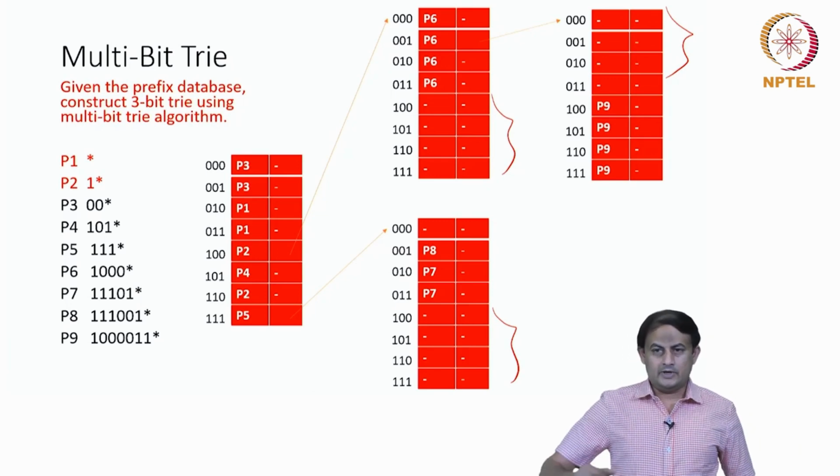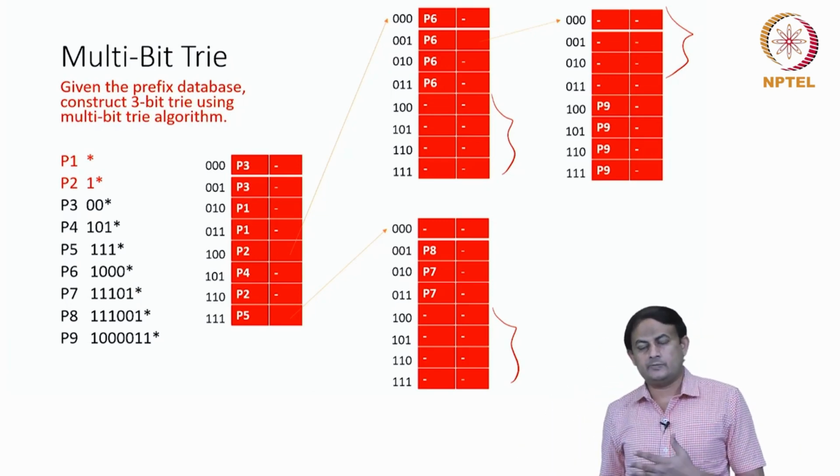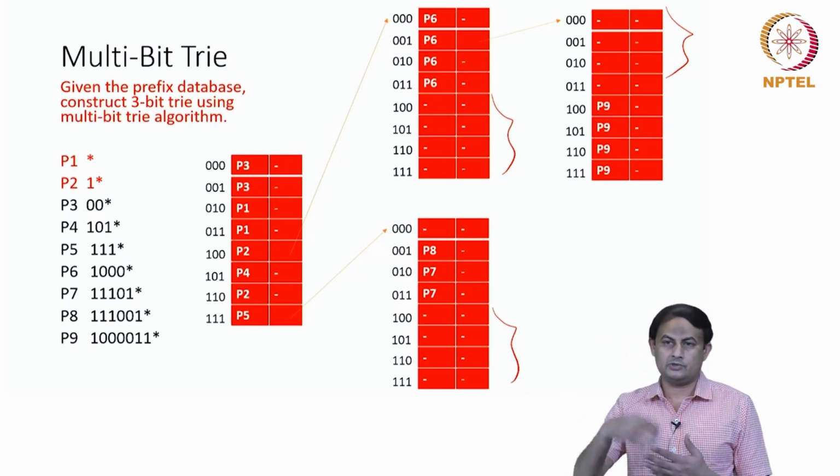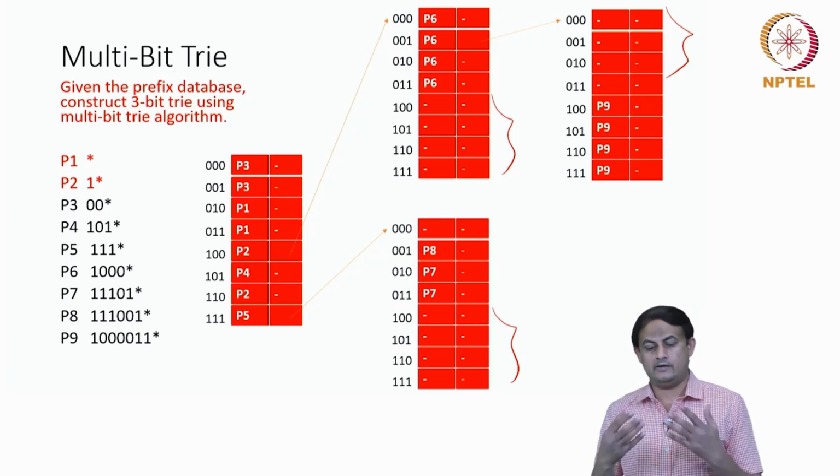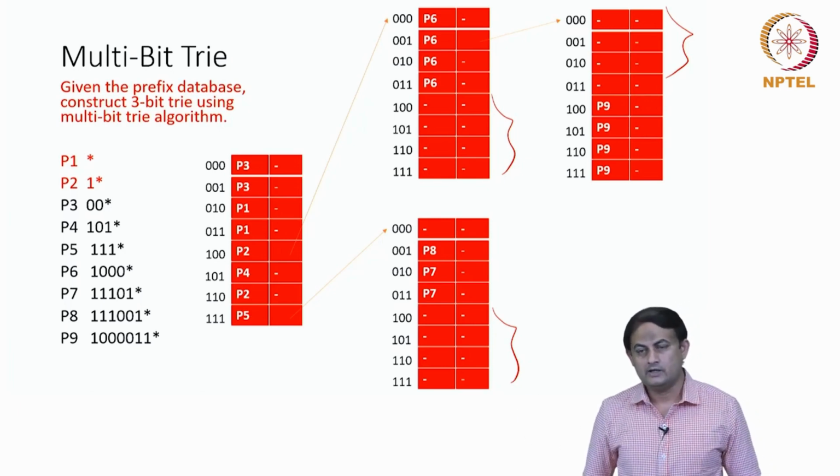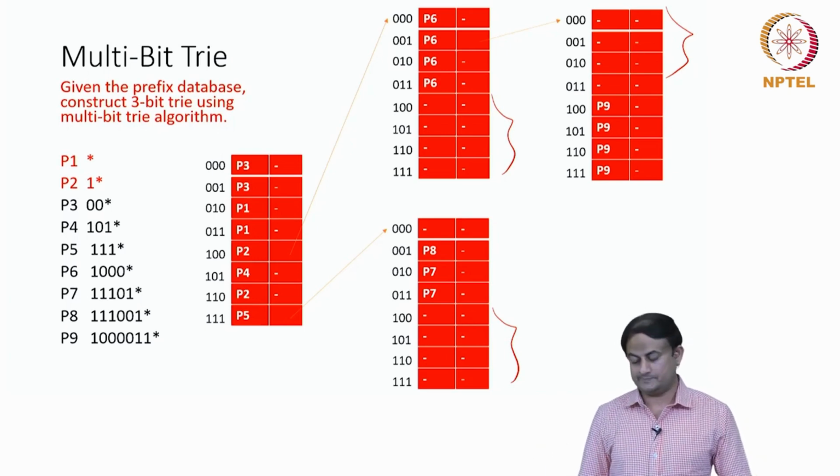By virtue of that, you end up wasting some of the space in the table. Every table has 2 to the power of k possibilities, although it might happen that only one entry is actually filled, and the remaining 2 to the power of k minus 1 entries will be left empty. So that will end up wasting the space.